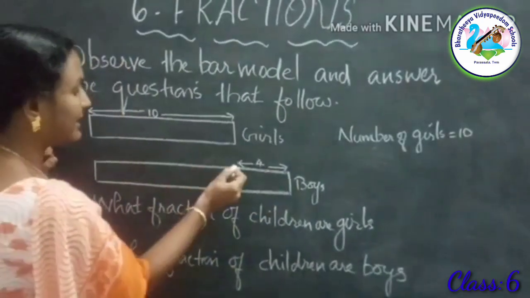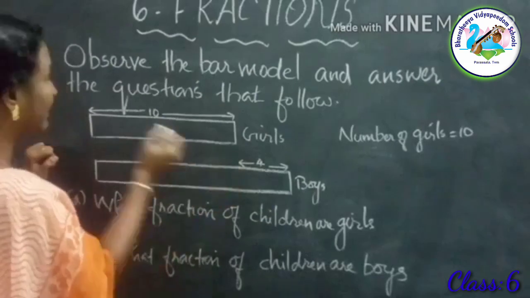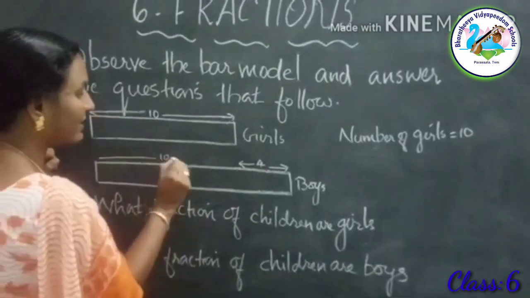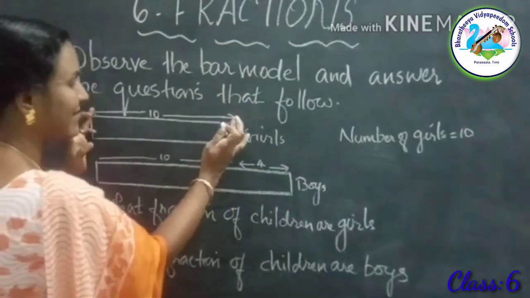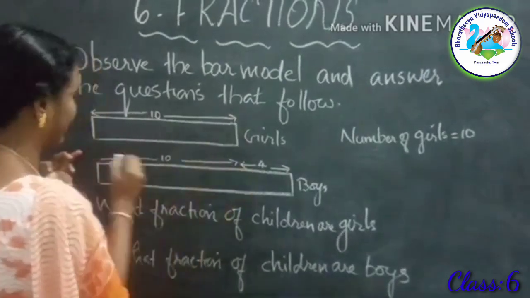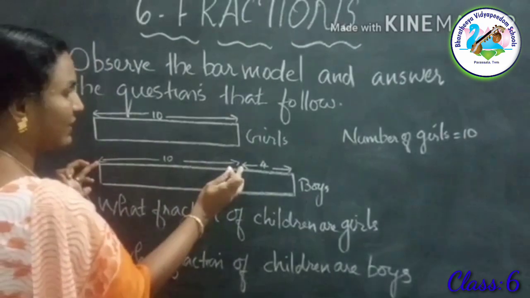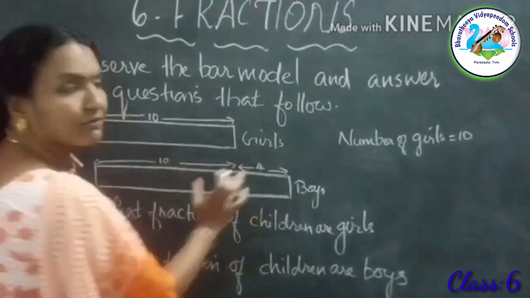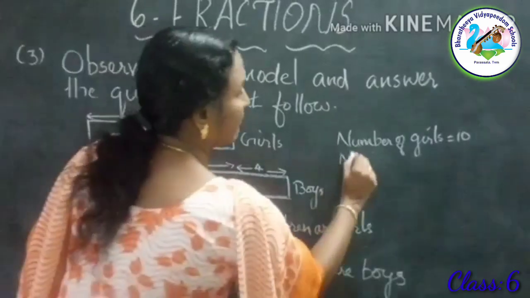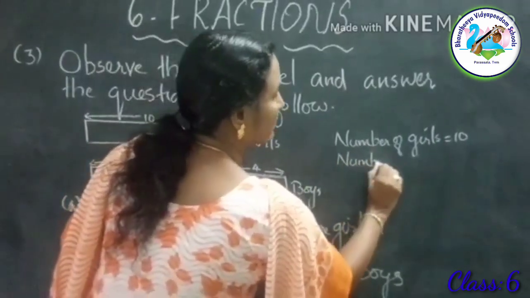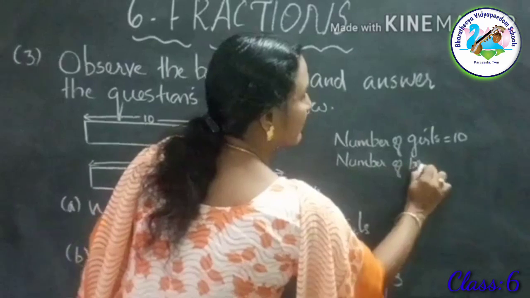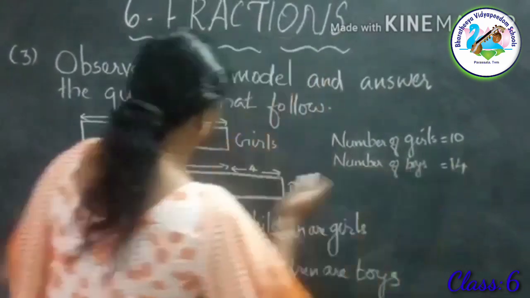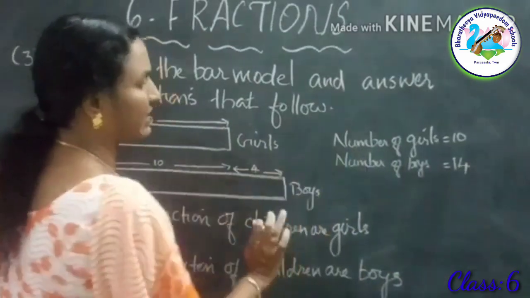Here to here nothing is mentioned, but here to here 10. So this is also 10. So the number of boys is equal to 10 plus 4, 14.